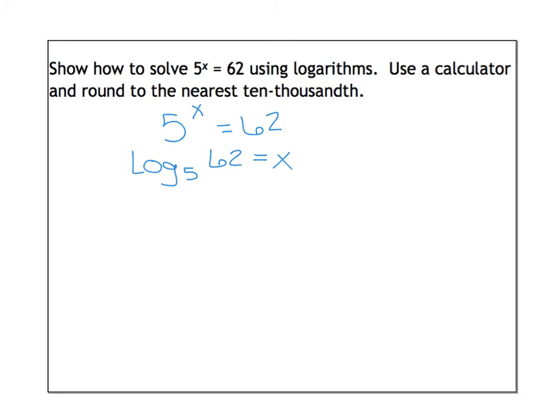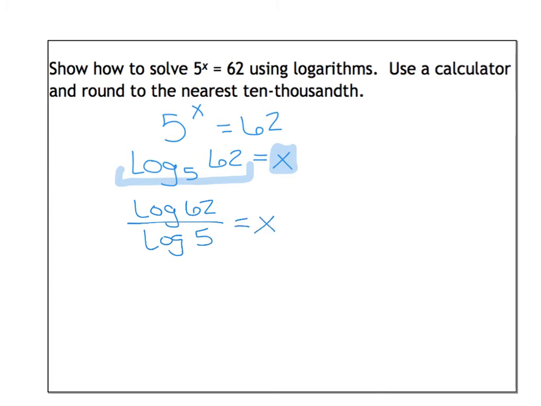So our goal, remember, in this kind of situation is we're solving to get x by itself. Well, it already is by itself on the right side, so we just need to figure out the value of this. So in order to do that, we're going to rewrite this using the change of base formula to get this into a common log. So I'm going to write log 62 over log 5 is equal to x.